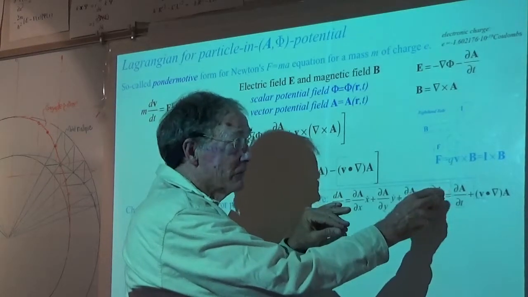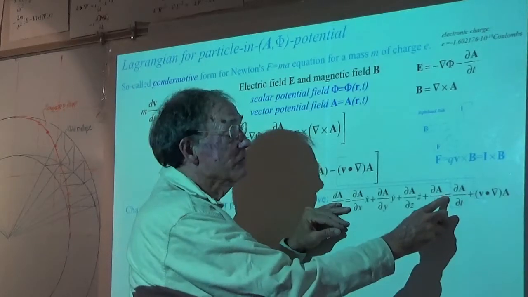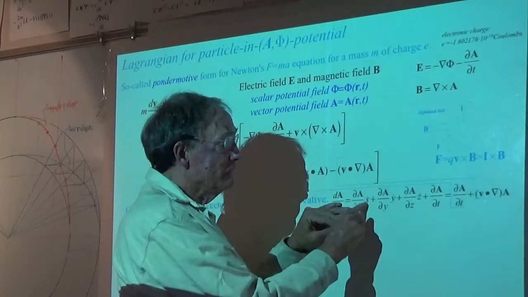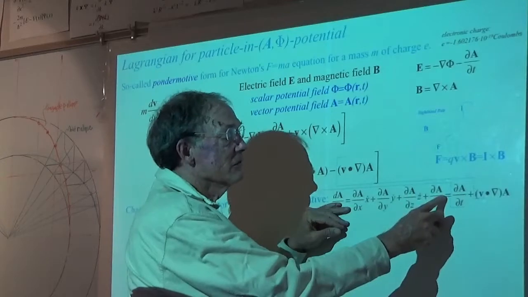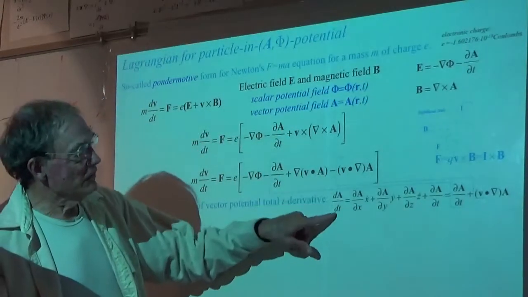Explicit time dependence is being considered here. Partial t dt here, so we'd have dx, dy, dz, dt. That's one side of lemma 1, and now here are the derivatives.